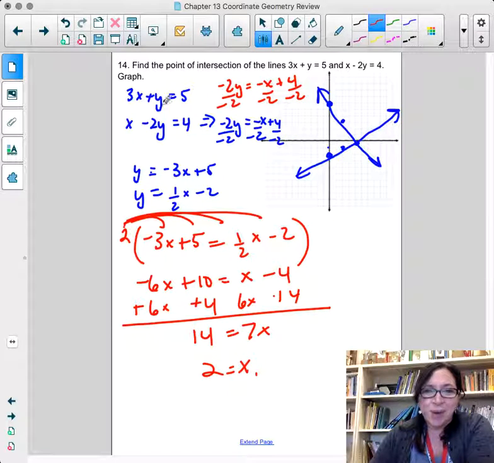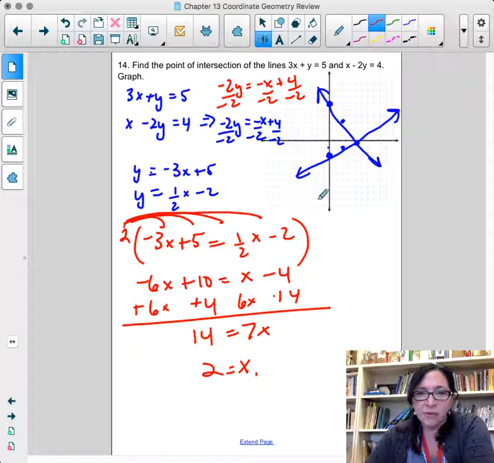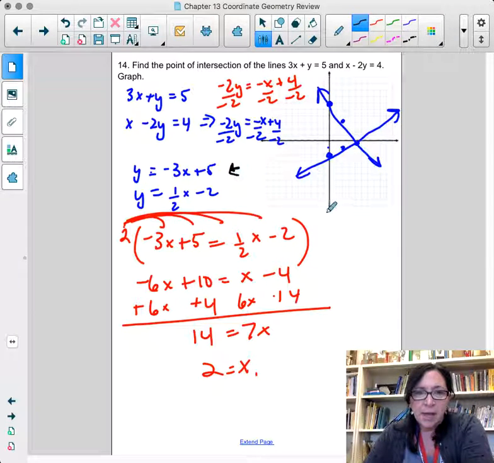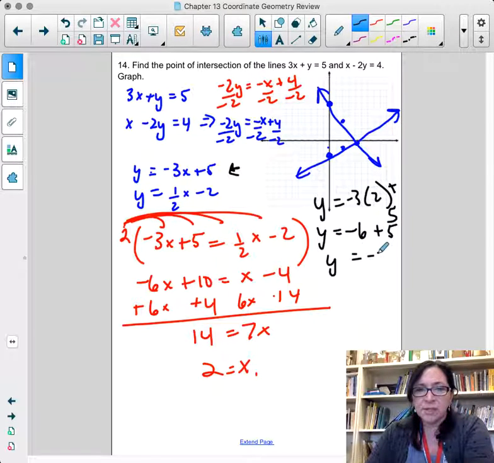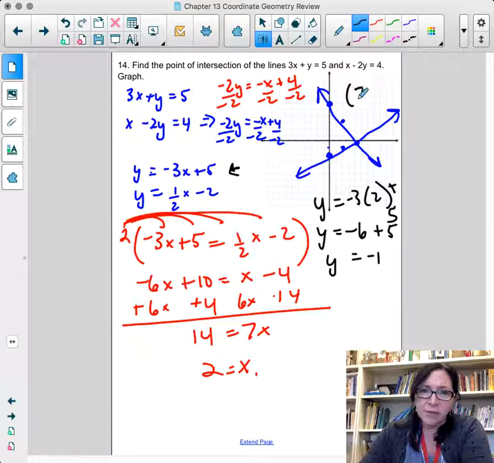So I need to go back up to the top and plug in 2 into any of those equations. I'm going to choose this one right here, and I'm going to get y is equal to -3 times 2, plus 5. So I have -6 plus 5 is equal to y, so y is equal to -1. So our point of intersection is going to be (2, -1).